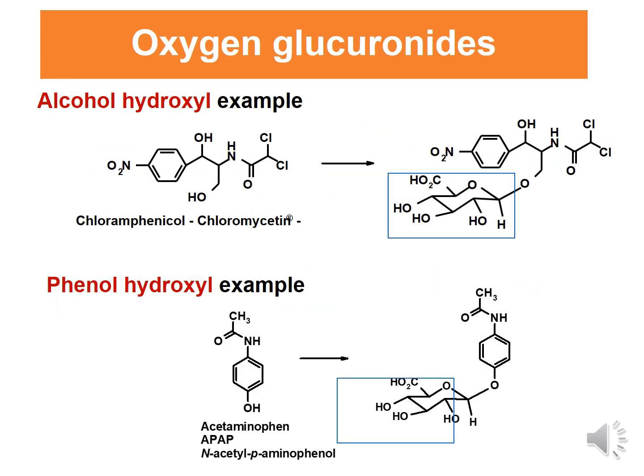You can see examples of glucuronidation reactions. In the first reaction, chloramphenicol is converted to chloramphenicol glucuronide by glucuronyl transferase via the hydroxyl group of alcohol. In the second reaction, acetaminophen is converted to glucuronide via the phenol hydroxyl group.